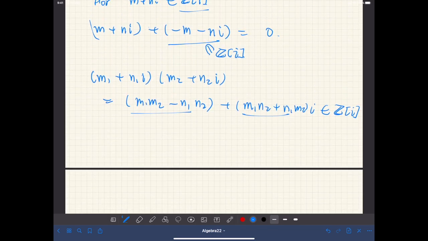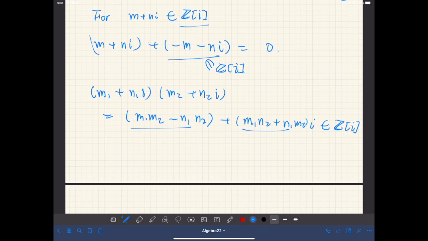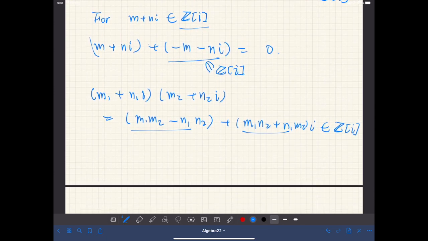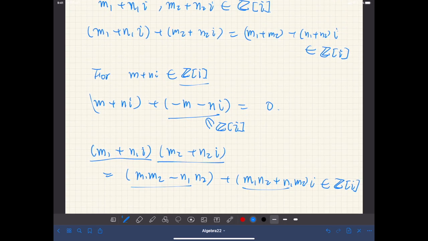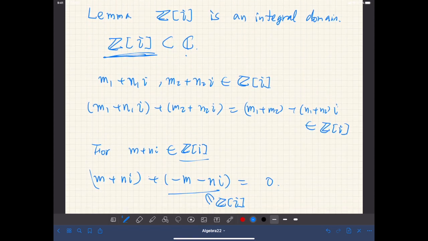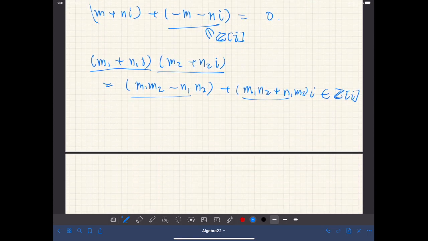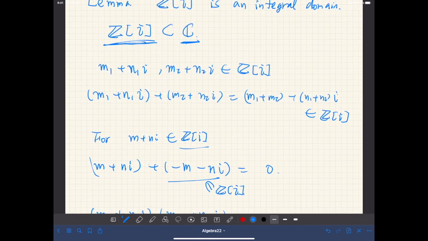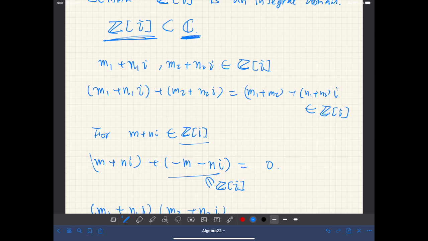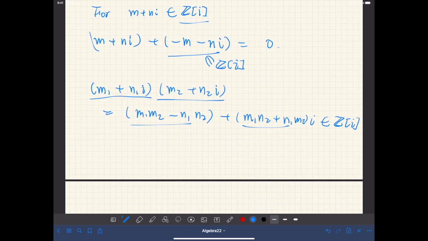Okay, so additionally, we need to prove it is commutative, but commutativity is clear because this is just a multiplication of two complex numbers, and complex numbers are a field, so it's a commutative ring. So that's fine. And the existence of identity is clear because it's a field, and there is the identity element 1.